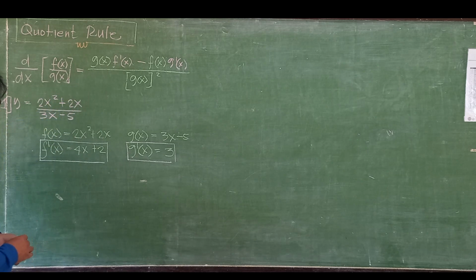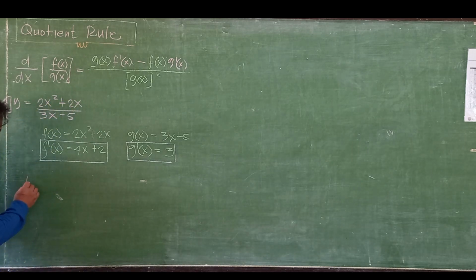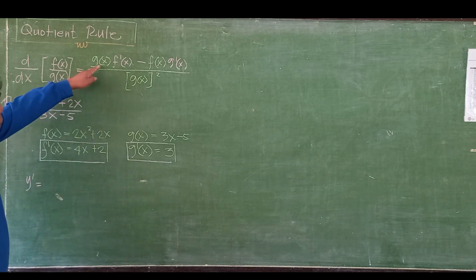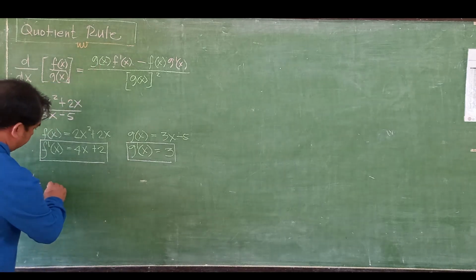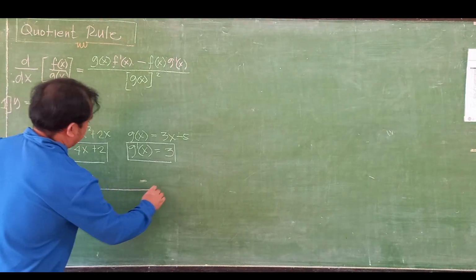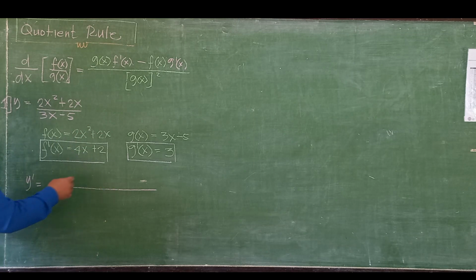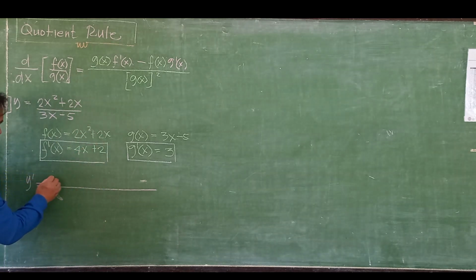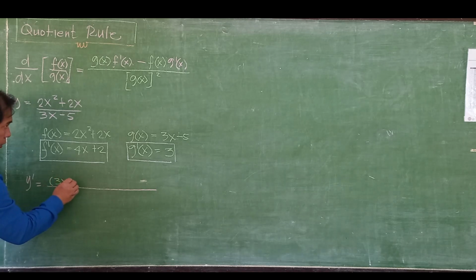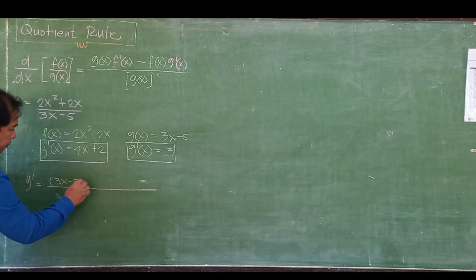So having said that one, we are now ready to get the derivative, and so our derivative now, y prime. What is our g? Our g is actually the quantity 3x minus 5.